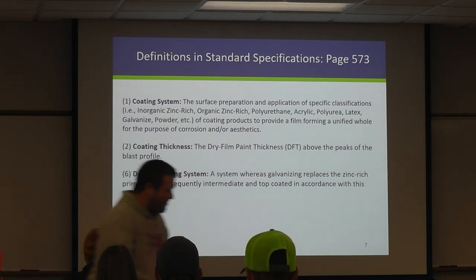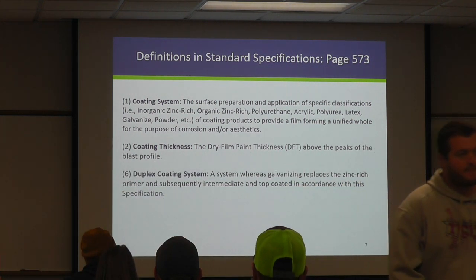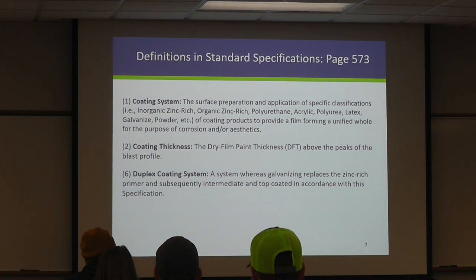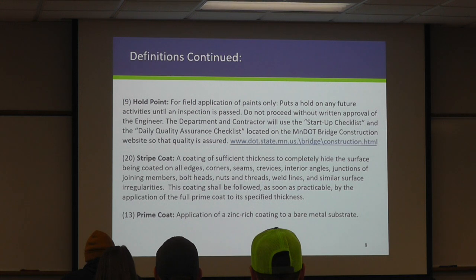So we'll touch through a few of the definitions here, especially dealing with coating thicknesses and coating systems themselves. Duplex simply implies two coat, so usually a primer and a top coat.